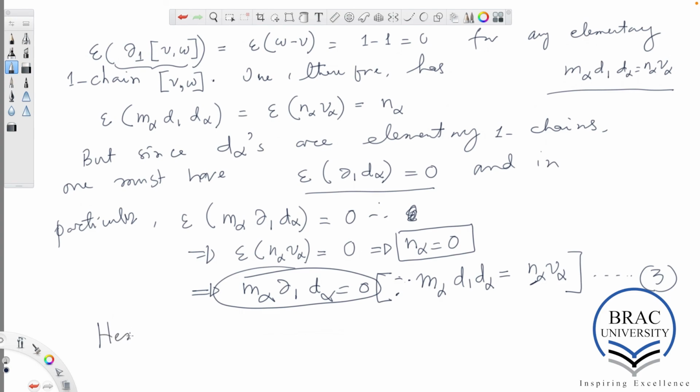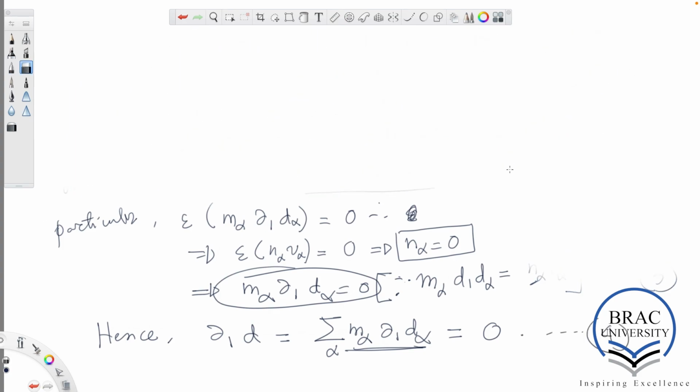Hence, we have arrived at the following. Delta 1 d is equal to the sum of all these terms, m alpha delta 1 d alpha, and each of them is 0. So the sum of all the zeros is 0. This is our equation number 4.